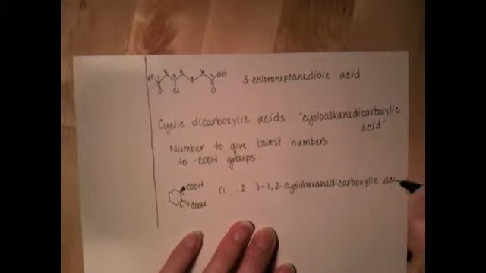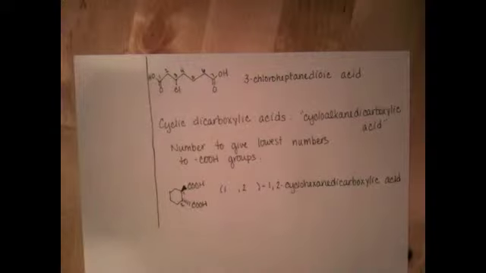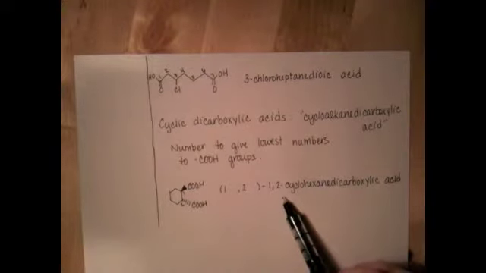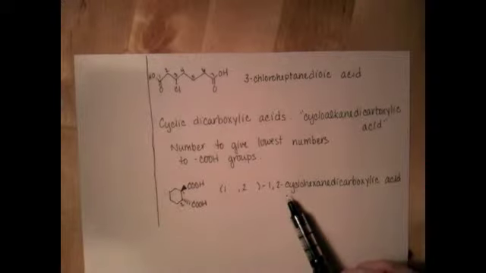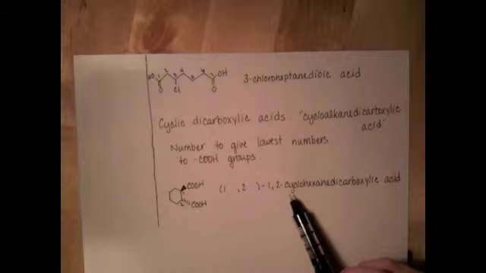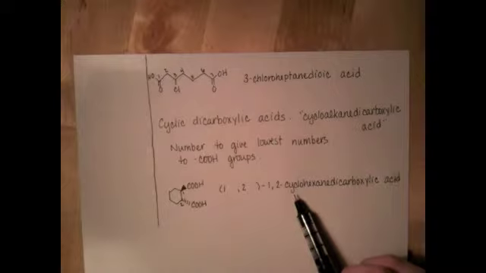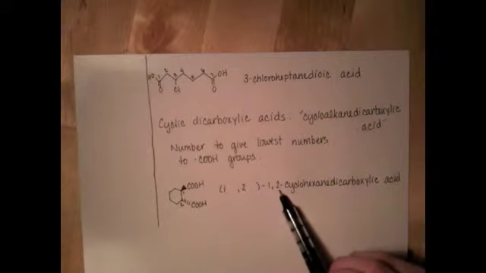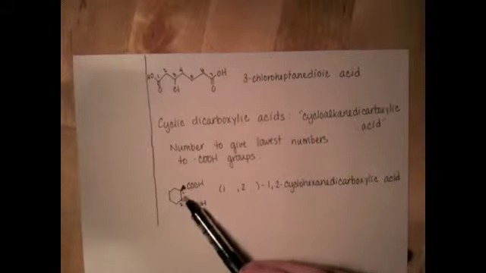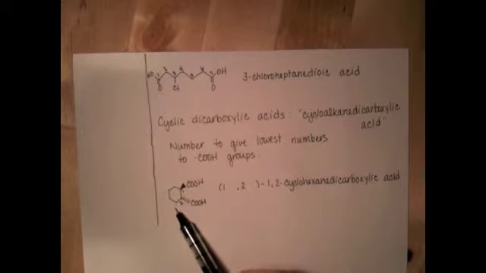You do have to identify the position of both of the carboxyl groups in the cyclic dicarboxylic acids, even though one of them has to be on carbon number 1, probably mostly because it would just sound awkward to say 2 cyclohexane dicarboxylic acid, and recognize that the set of numbers isn't implied. The second group could be over here. It could be a 1, 3, or it could be a 1, 4.